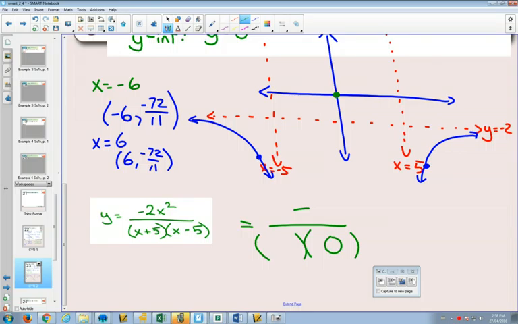Negative side. So I'm going to put a negative there as well. Because if I put in 4.9, even though it's getting close to 0, it's going to be negative. Okay?